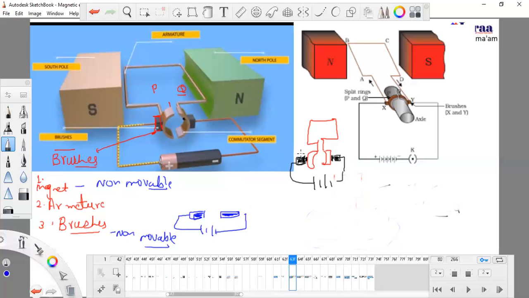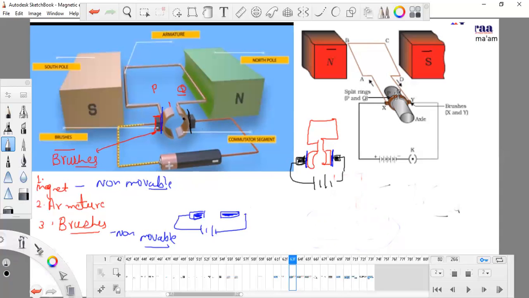So there is a very negligible gap, which you cannot find with naked eyes. There is a gap, or you can say there is a split. It is a minute gap, they're just in contact, but they are not attached to each other. In this case there are two magnets, and these two magnets are also non-movable.